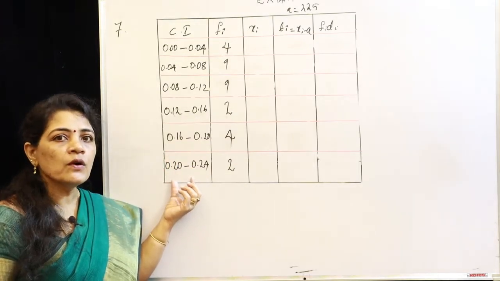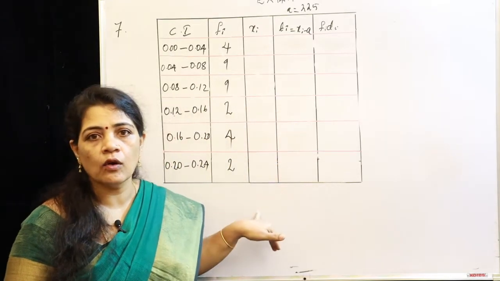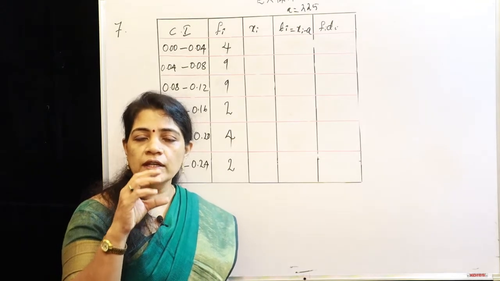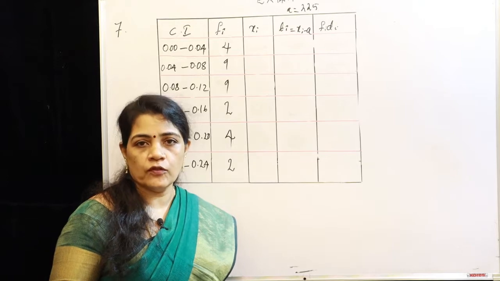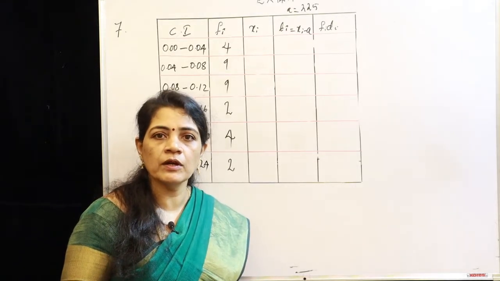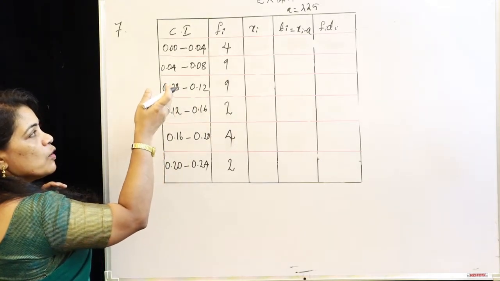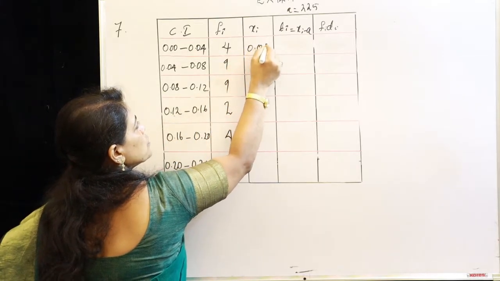In order to get the xi column, that is the third column, find the mid value. Each mid value, their difference is also 0.04. That is lower limit plus upper limit divided by 2. So 0.04 divided by 2 is 0.02.